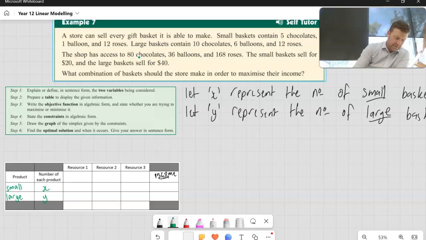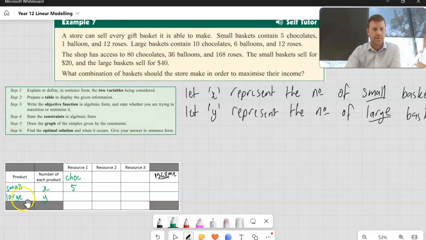So in this column, I'm going to have chocolates. Now, in a small basket, there are 5 chocolates. In a large basket, there are 10 chocolates, and there are 80 chocolates altogether that can be used to make up the combination of baskets.